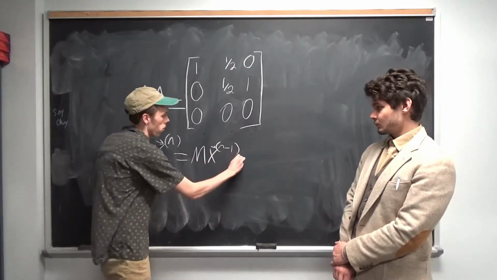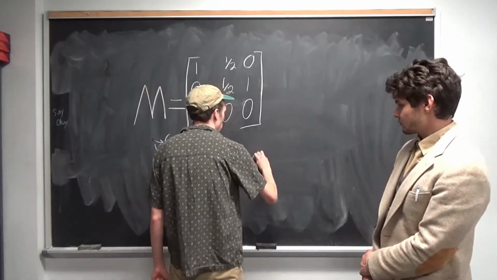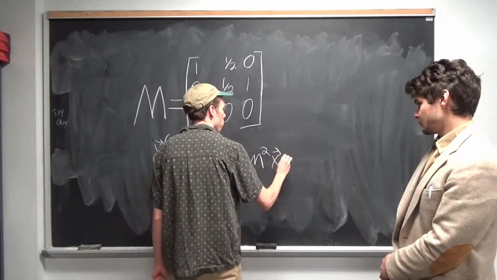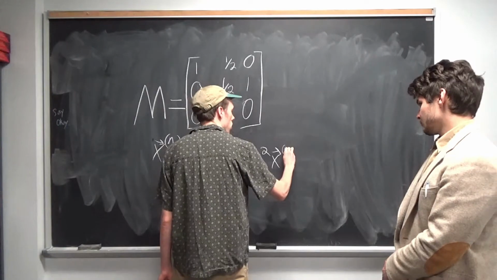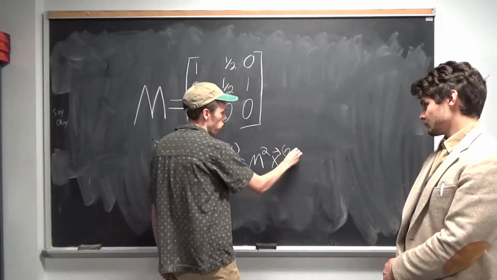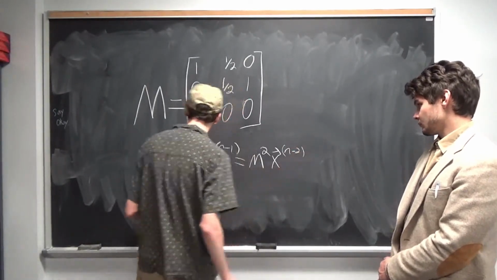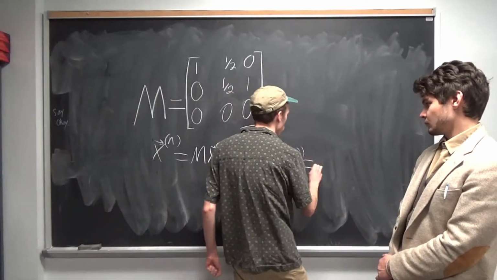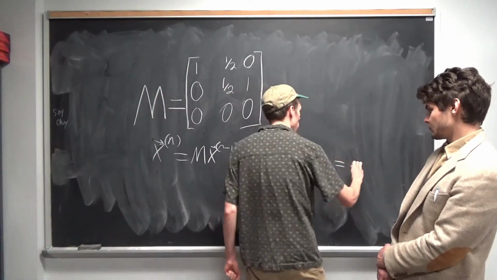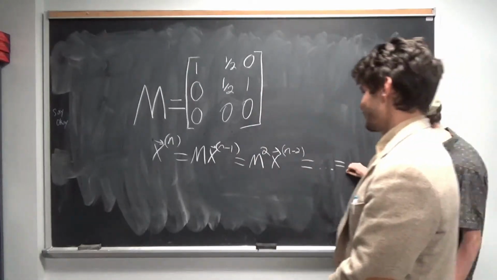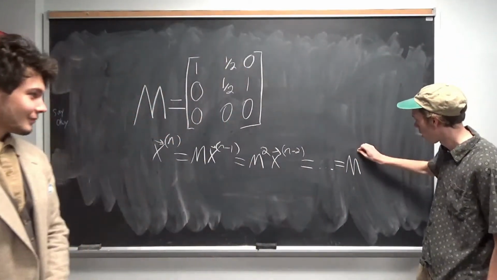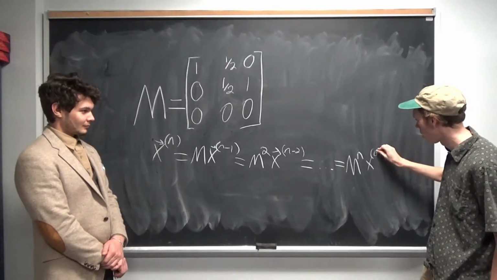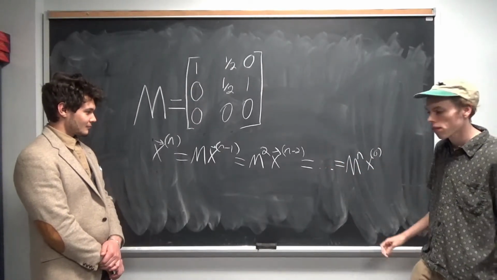And so if we multiply M squared by the distribution of the genotypes 2 generations back, we will also get the nth generation. And so this pattern continues down until you get to M to the n times our initial distribution equaling x to the n.